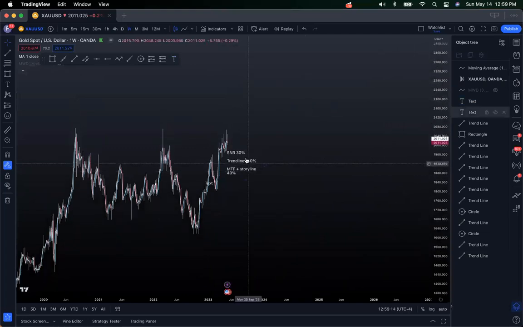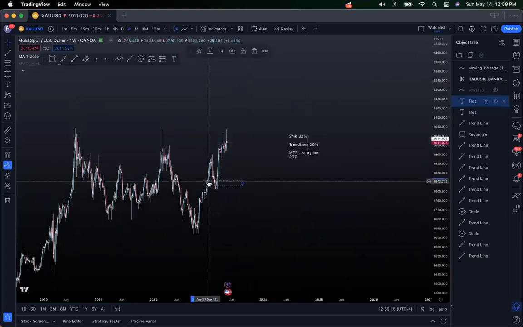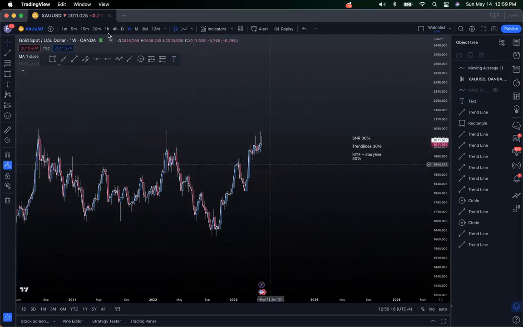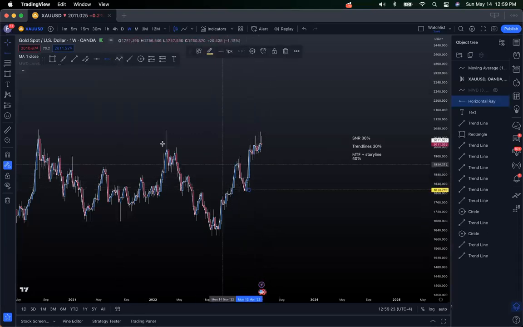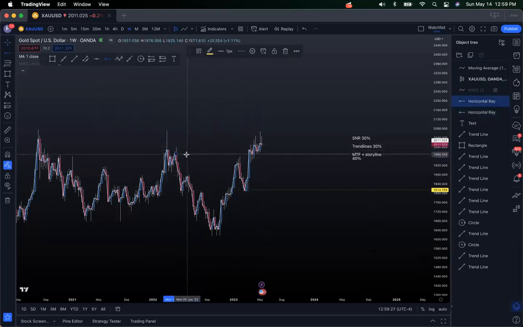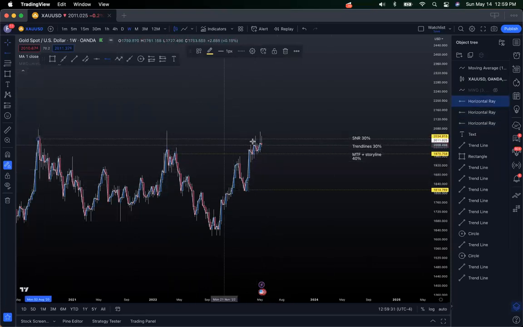For example, storylines: you have this classic, this broken level, breakout level, come back to test it. You have resistance. We'll learn how to classify this if you understand SNR.